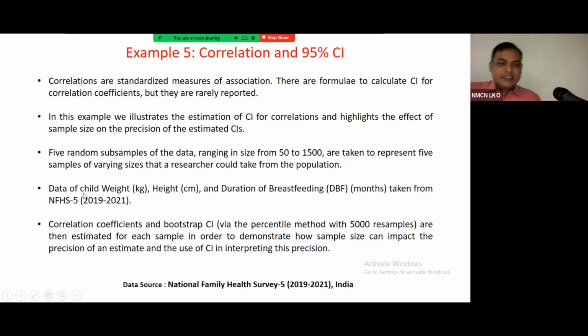In the data, we have taken the child weight, child height, and the duration of breastfeeding from the same population. Now the correlation coefficient and Bootstrap confidence intervals are estimated for each sample in order to demonstrate how sample size can impact the precision of an estimate and the use of confidence intervals in interpreting this precision.